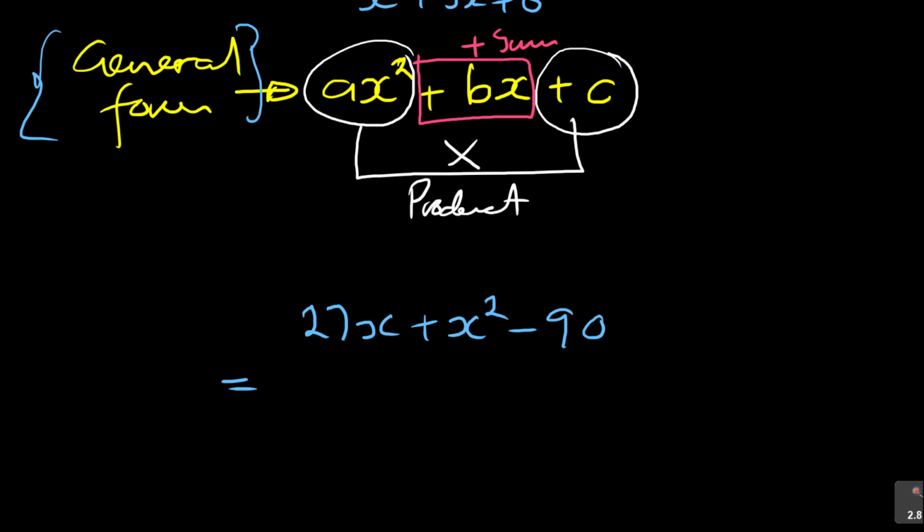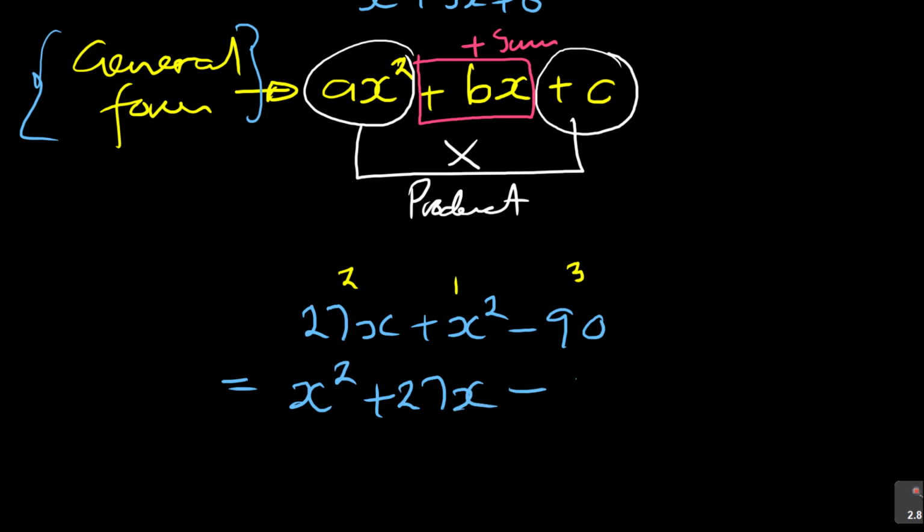So how do you write it? This is number 1, followed by bx. This is number 2, followed by c. This is number 3. Very important. Don't forget that. So you write this as x squared. Number 1, number 2 is positive, see, because there is no sign, meaning it's positive 27x.